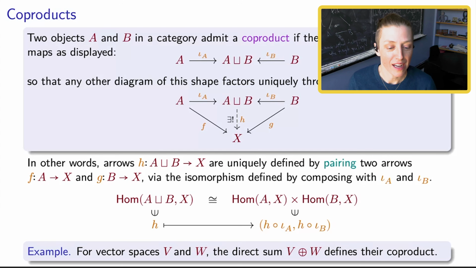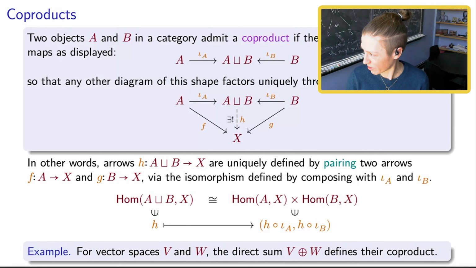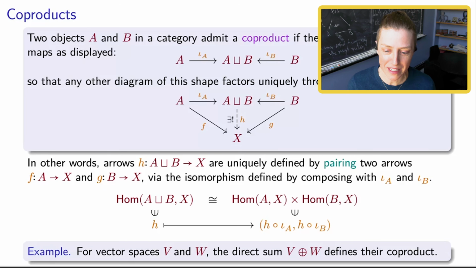So for vector spaces, the coproduct is given by this operation called the direct sum. If I have vector spaces V and W, their direct sum is a new vector space. There's a canonical linear map from V into the direct sum. It includes it as a summand or a subspace of the direct sum.